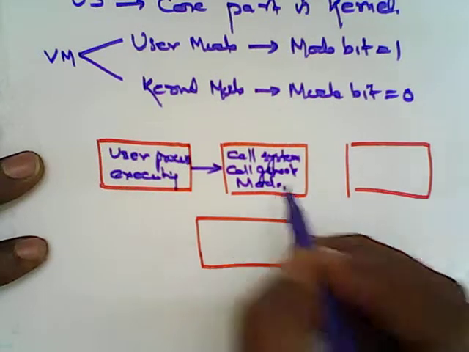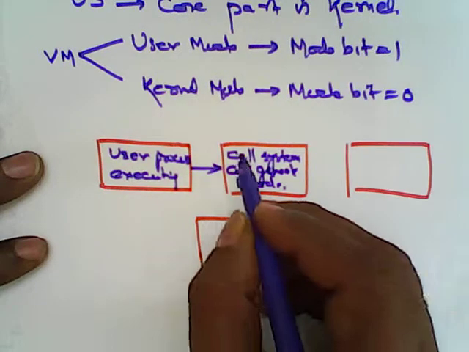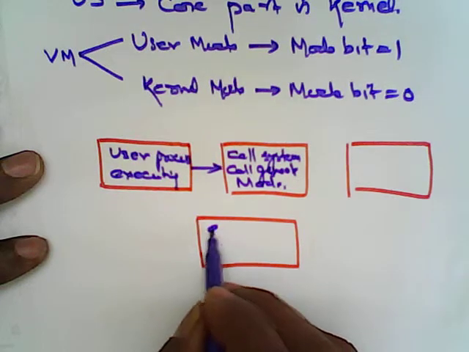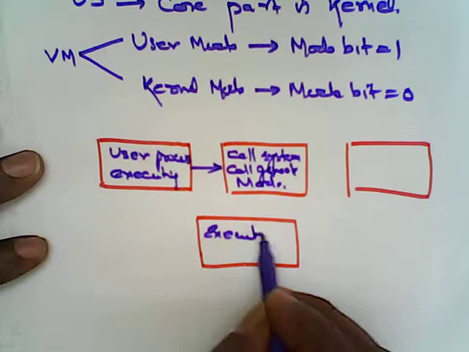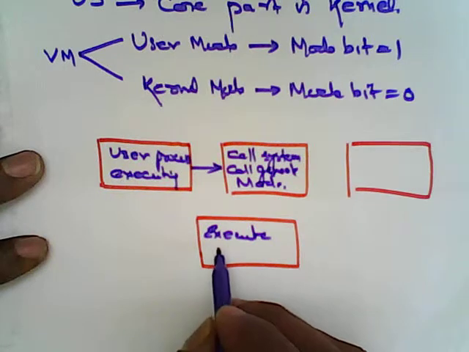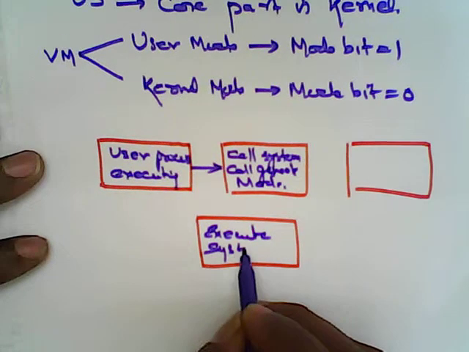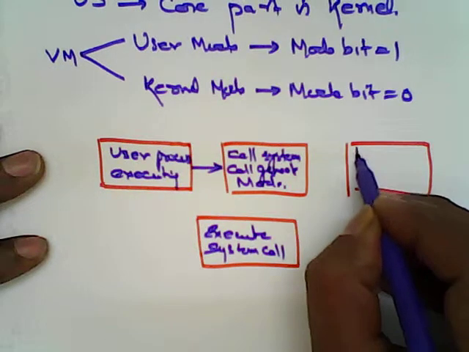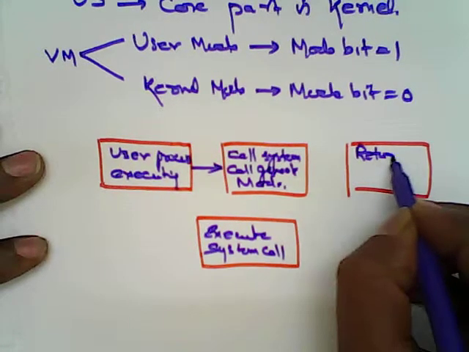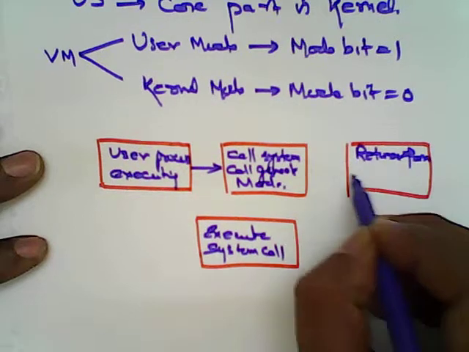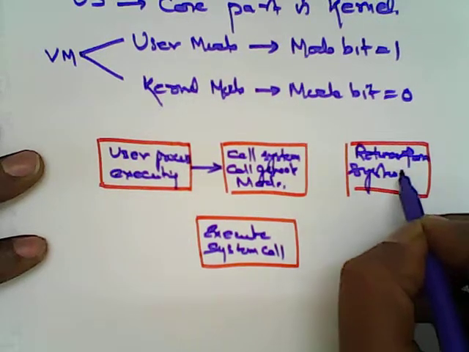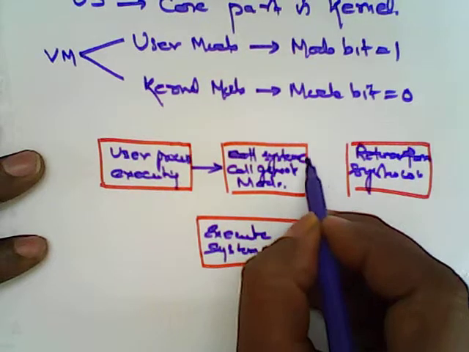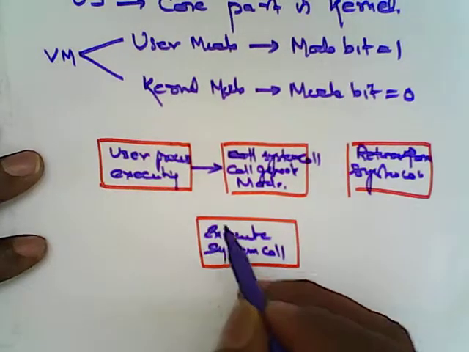After that, it executes this system call, and finally it returns from the system call. I can put it as system call and call generate. So this is one. Now this is the mode of communication.